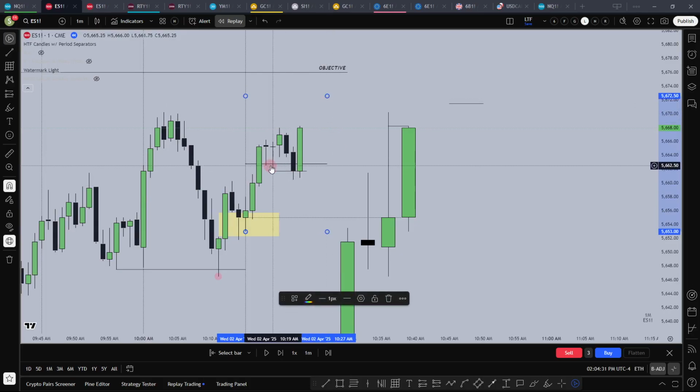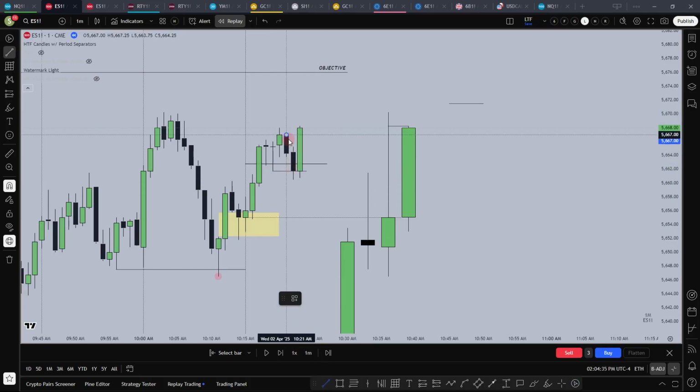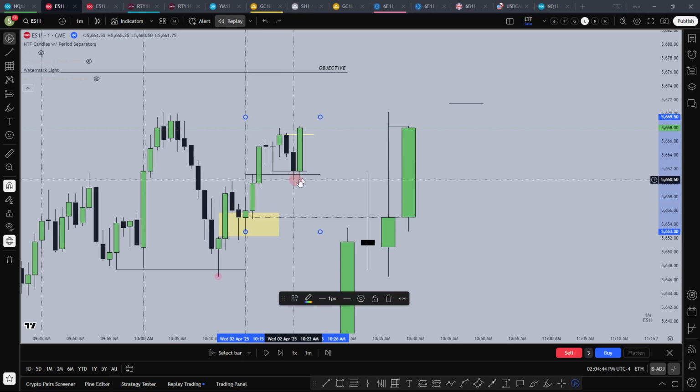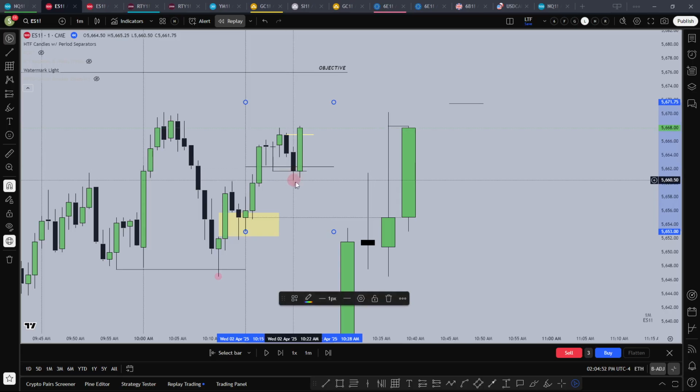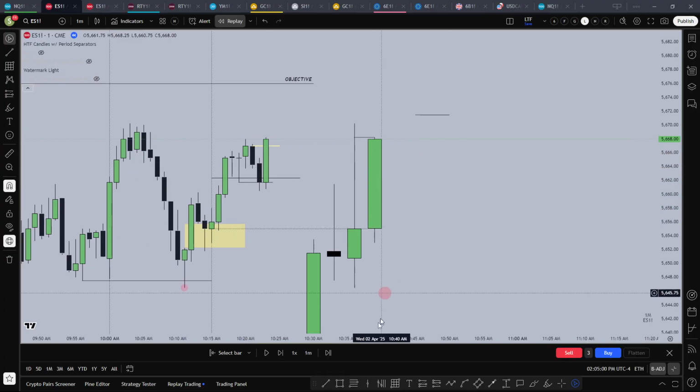So this low is protected, swept out a low, immediate displacement away, forms an order block, and is backed by EQ logic as well. So even if price closes here, this low stays below EQ of this candle. This candle hasn't closed. I am anticipating where this high time frame candle could close. If it closes around here, then this swing low, protected swing, stays below EQ. So this should stay protected if the next candle is going to expand as well.